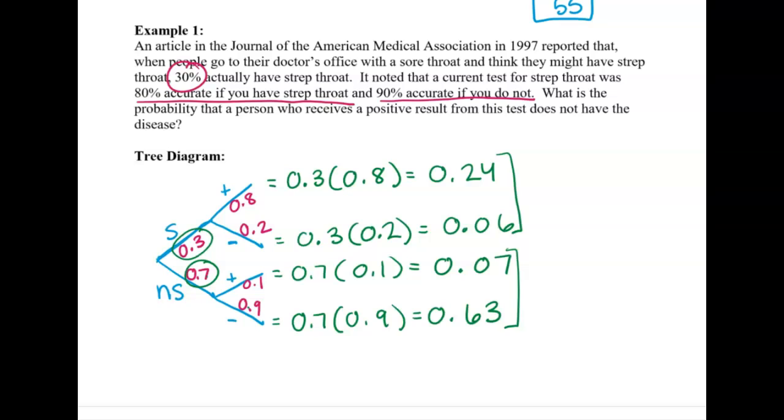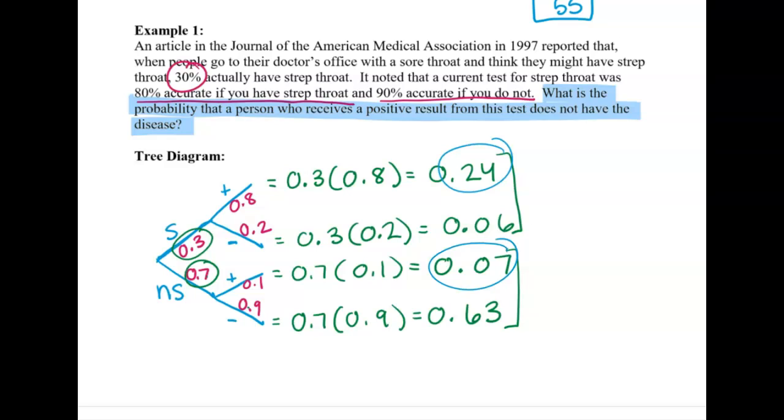Now let's go back to our question that we were being asked. And that was, what's the probability that a person who receives a positive result does not have the disease? So we're looking at all the people who received a positive result. So the people that received a positive result were these people and these people.